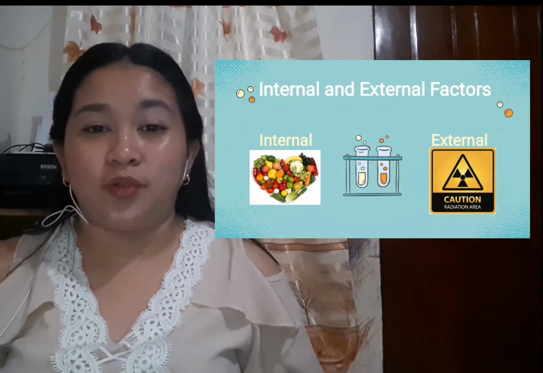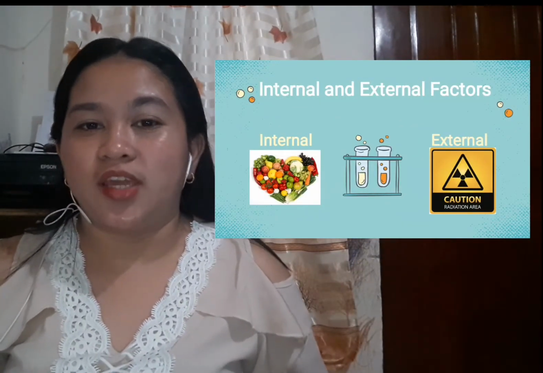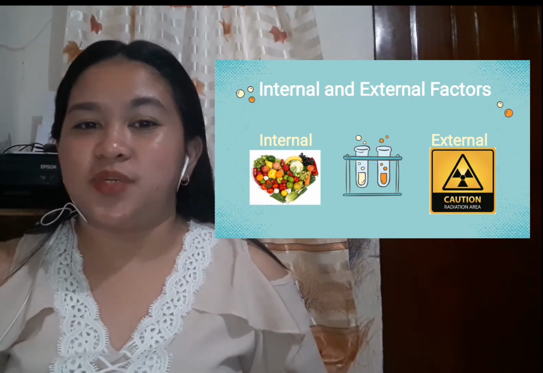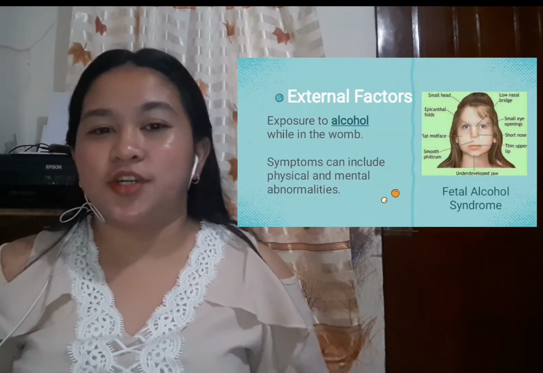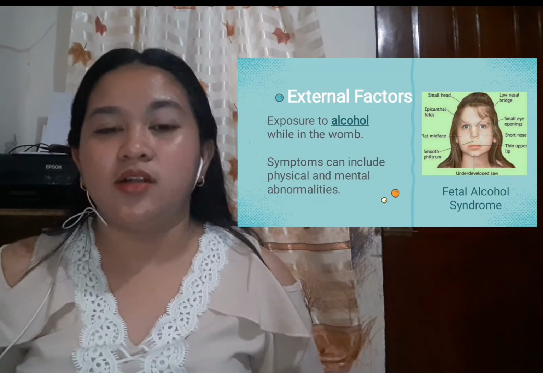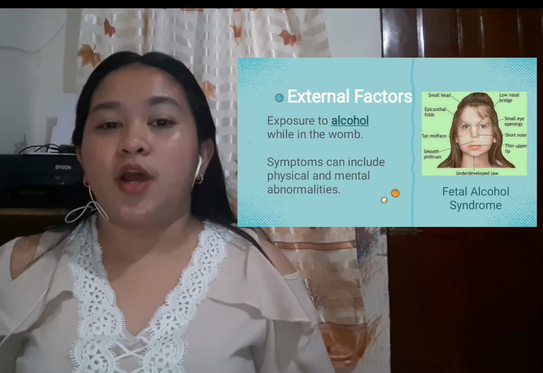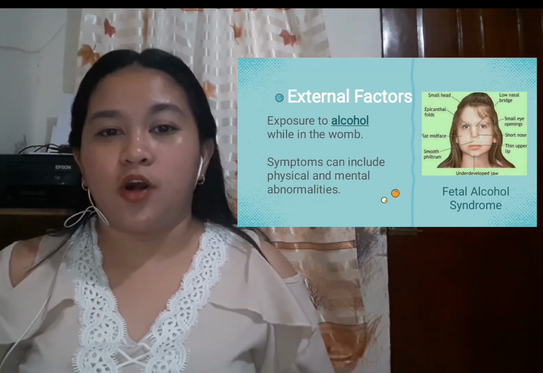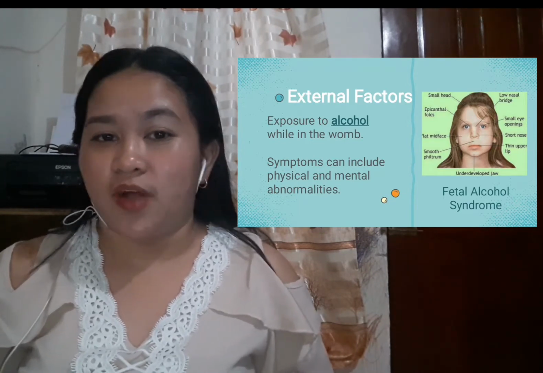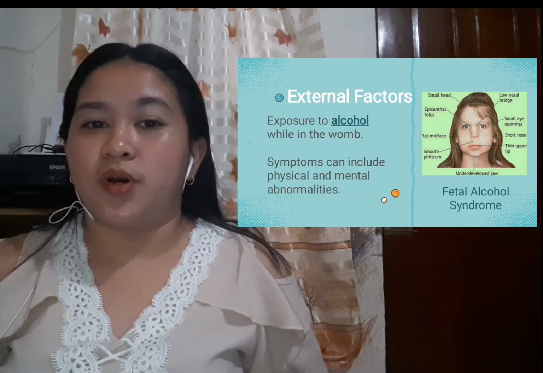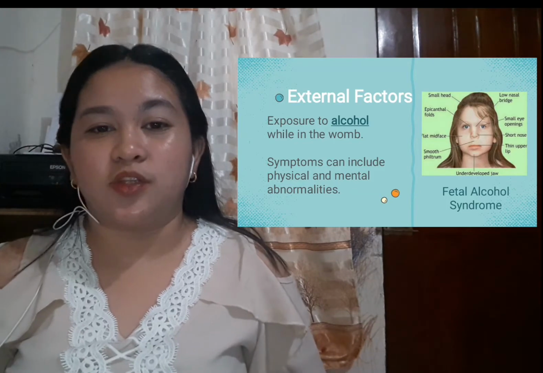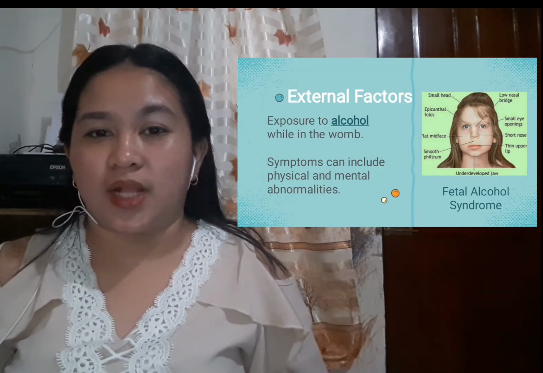Looking at the couple of pictures there, graduation is hinting at being an external factor, and on the other hand, internal is being something like a diet. External factors are something like alcohol. So we look at fetal alcohol syndrome. When the fetus is exposed to alcohol while in the womb of the mother, and this is not even a small amount of alcohol, it is a certain amount that can cause symptoms that include physical and mental abnormalities.